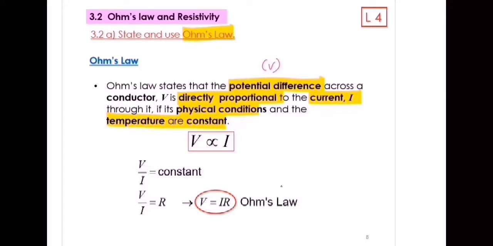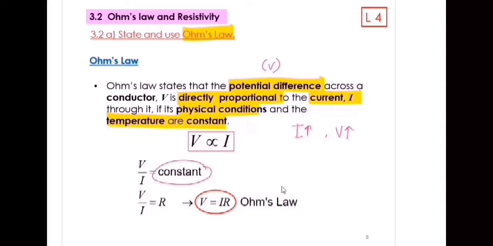So that means if the current increases, for sure the potential difference also increases. So we have V over I equals a constant.